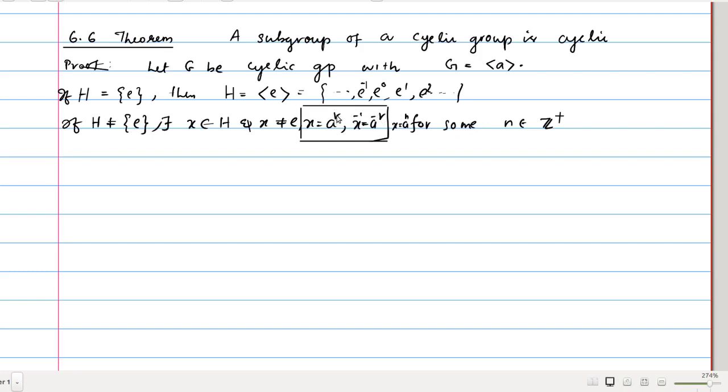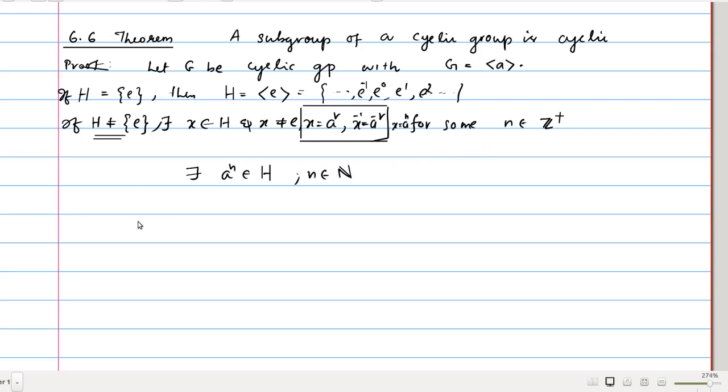Otherwise, if R is positive, you can take R as this n. So if you start with a non-trivial subgroup of G, then there exists A raised to n belonging to H with n in the natural numbers, Z plus.